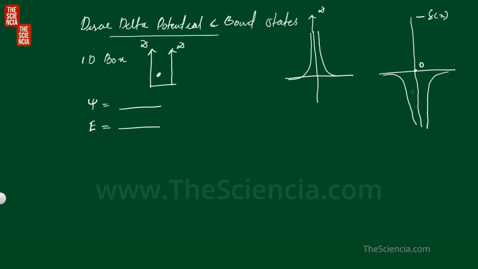So this is the negative axis and this is the positive axis. So here this infinity is the potential V of x, and here this delta of x is the potential V of x. Now in this negative potential, a particle can be trapped.